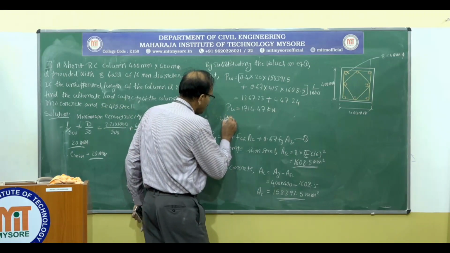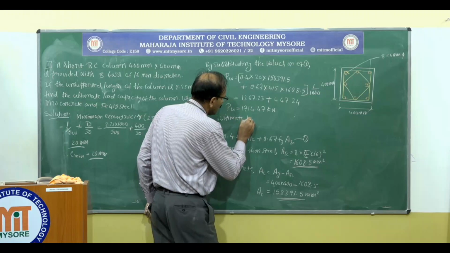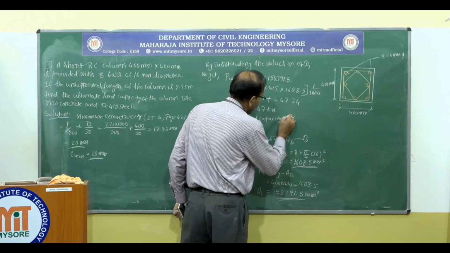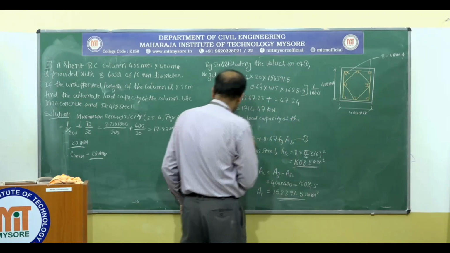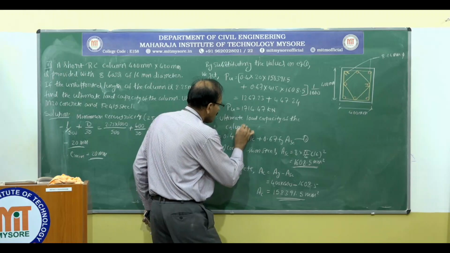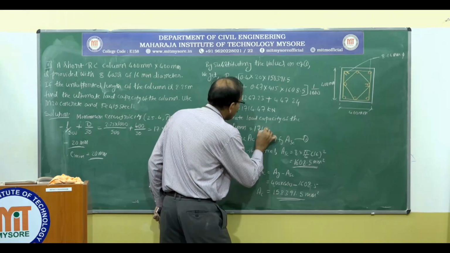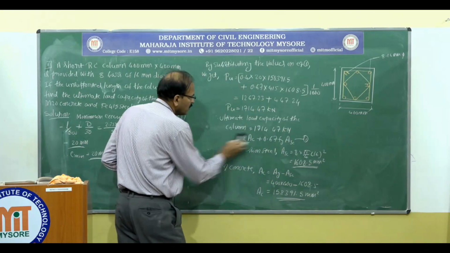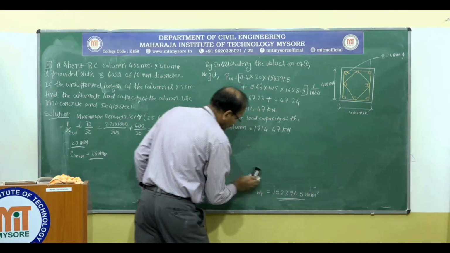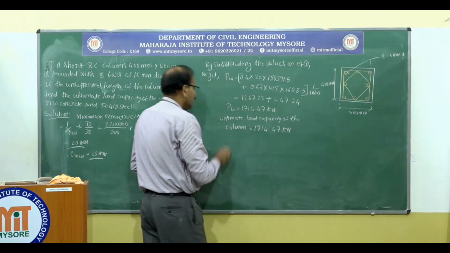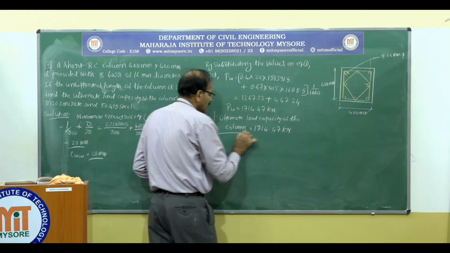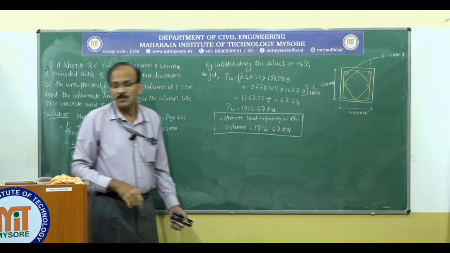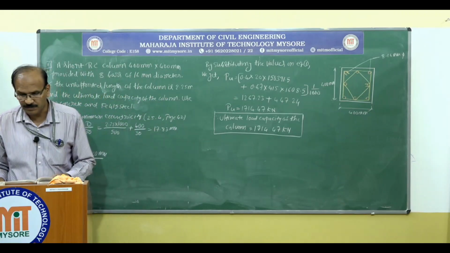Therefore, the ultimate load capacity of the column is equal to 1714.47 kilonewton. Okay, this completes the problem.